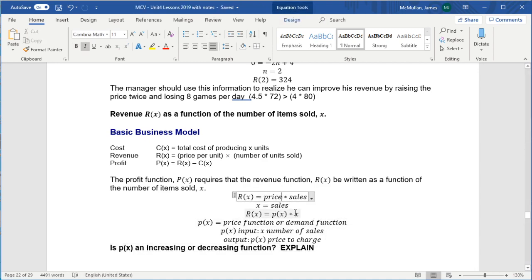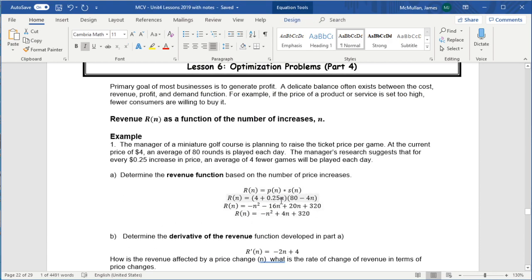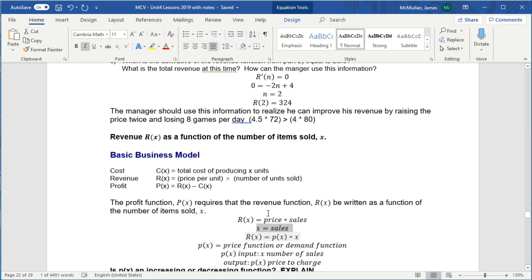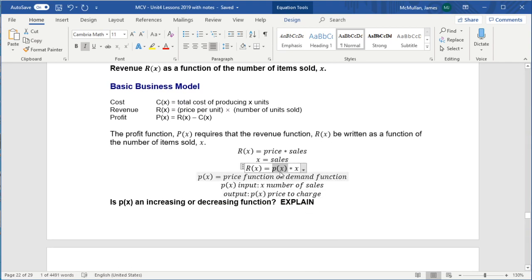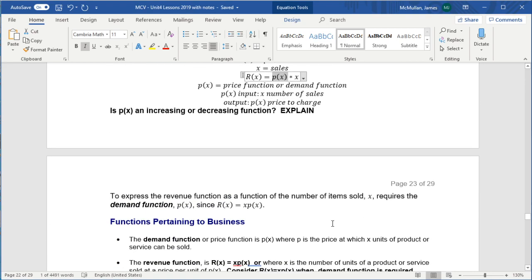So let's just go back and think about this one more time. The revenue is still the price times the sales. It's just that the sales now is not going to be a bracket 80 minus 4n. The sales is our variable, or x. The price then has to be some function that takes the number of sales and gives you back the price that you could charge to get that number of sales.